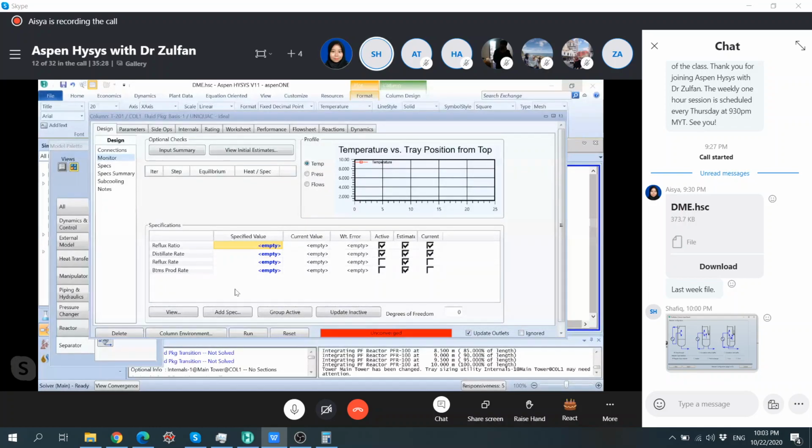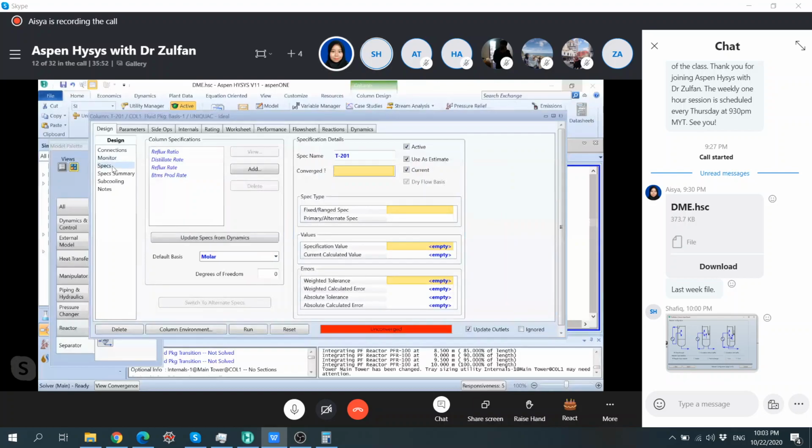Since we already know what we need to separate, DME at 99.5% purity, and 99.9% of the DME coming in, we are going to recover that. So in this case, you can click add spec, in the same monitor.